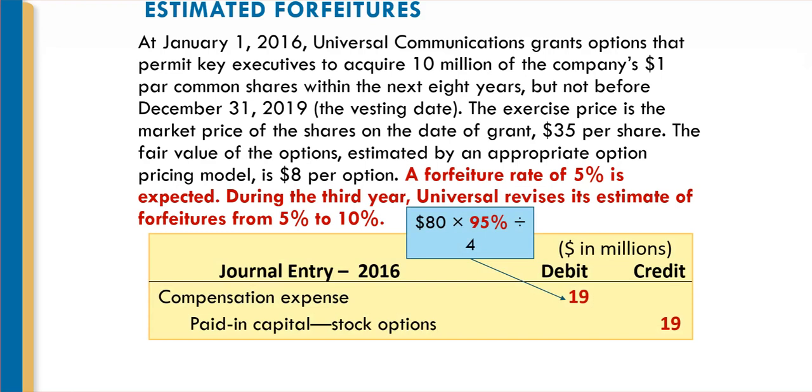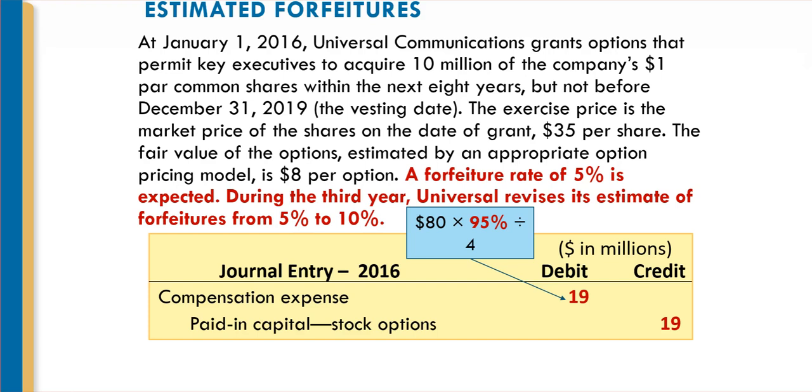That 76 million needs to be spread over 4 years. So that is 19 each year. And again, doing quarterlies, doing monthly, you're going to spread it evenly, and gradually cause paid-in capital stock options to rise. You're going to have this 19.